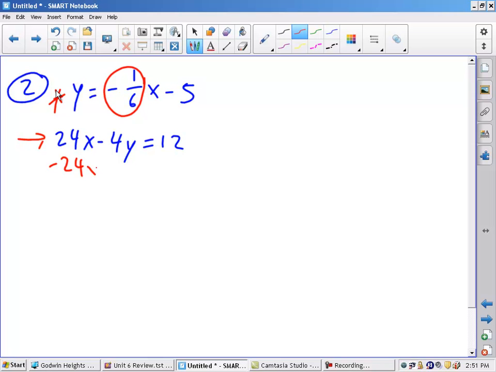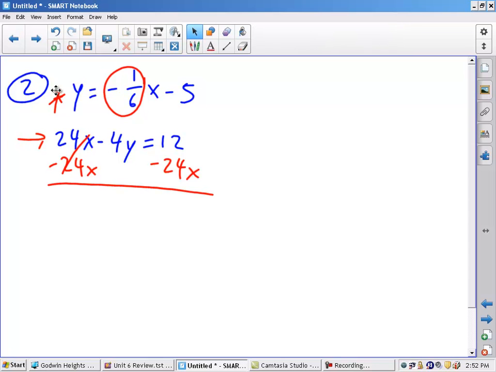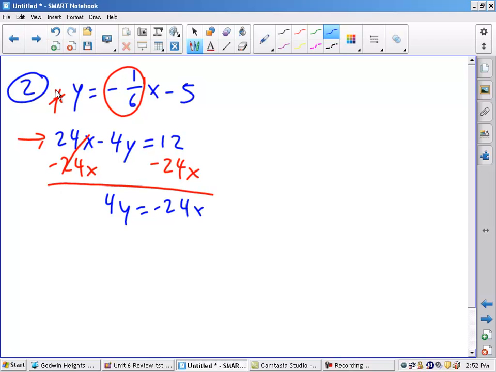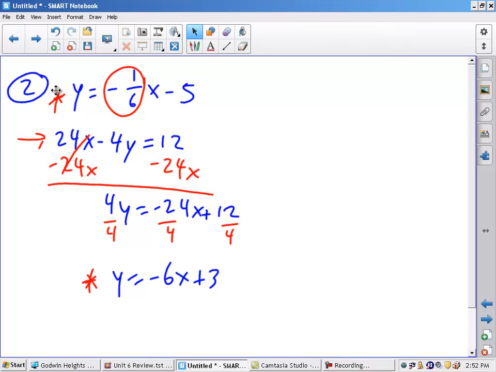If I get y by itself by subtracting 24x from both sides, I get 4y equals negative 24x plus 12. You can't combine those. Then I divide by 4 on all sides, and you get y equals negative 6x plus 3. So this is the second equation in slope-intercept form.